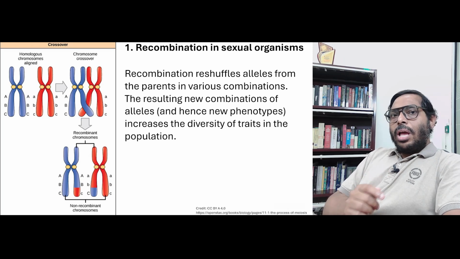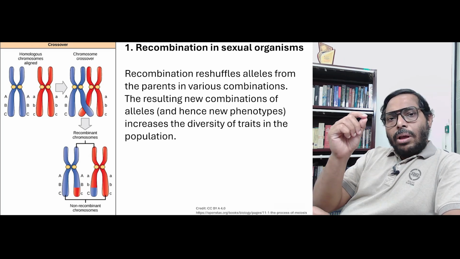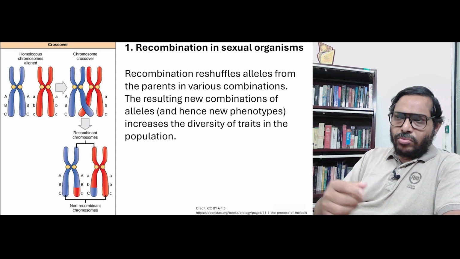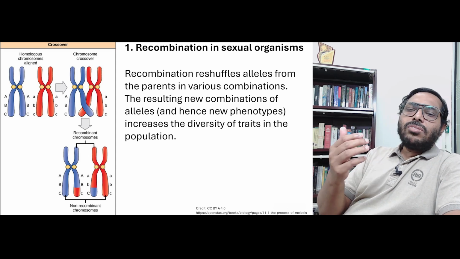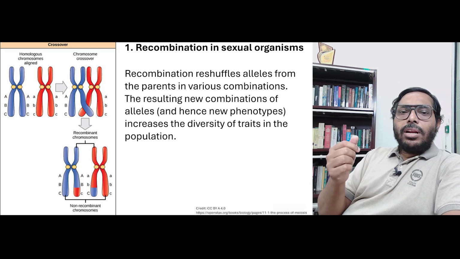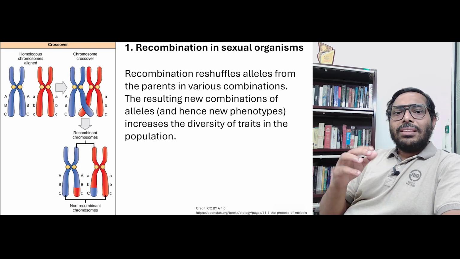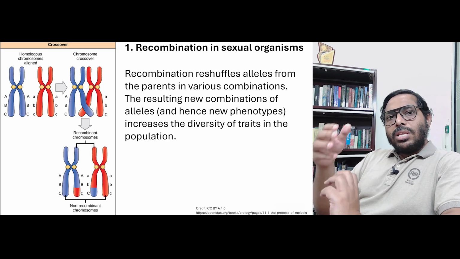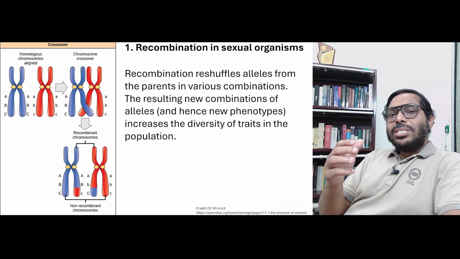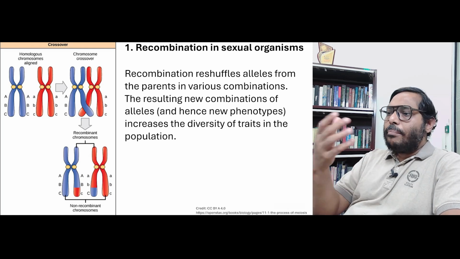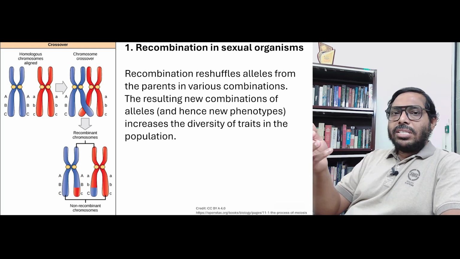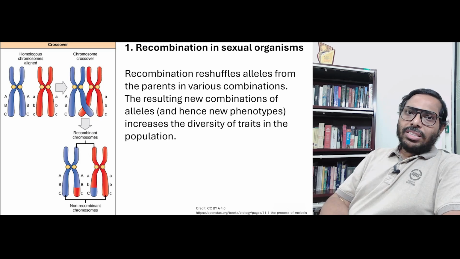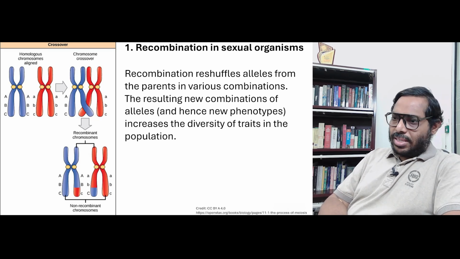We already know that various genes at various loci are interacting with each other in terms of their function, which essentially means that the traits of an organism are dependent on precisely which alleles are there in what combination. And what recombination does is, through this reshuffle, it is continuously creating new genetic combinations, which results in new phenotypes, and therefore the total diversity of traits in the population goes up tremendously.